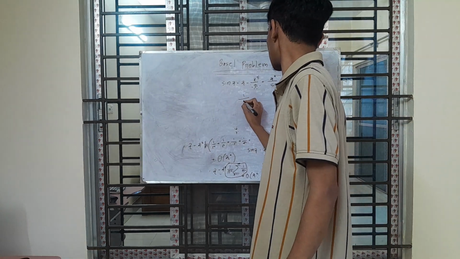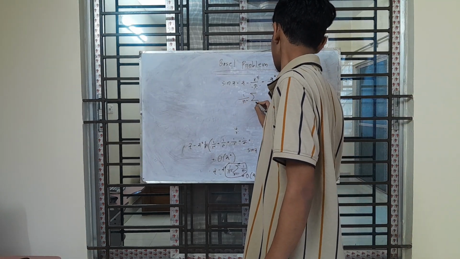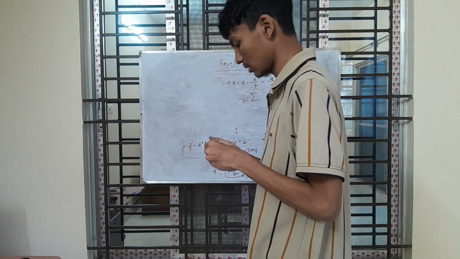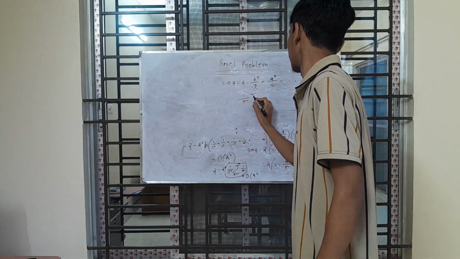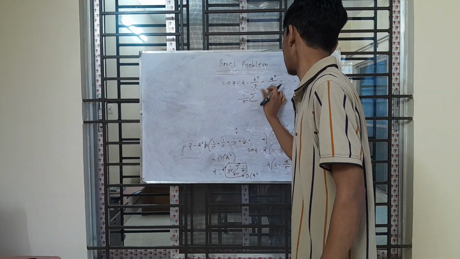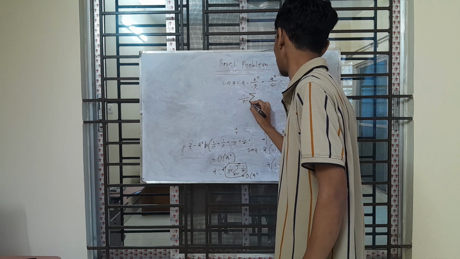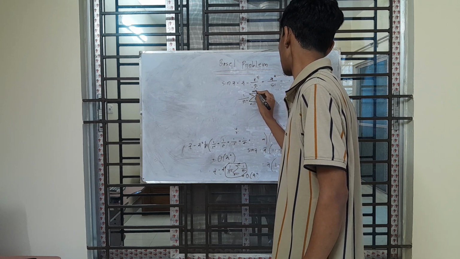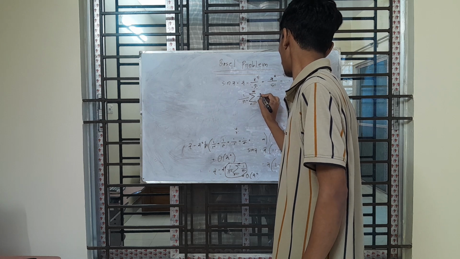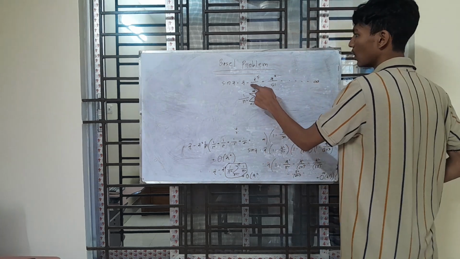So as this 1 by pi squared into the sum of, this is a very disastrous sign of the summation. So I'm writing n equals 1 to infinity, 1 by n squared equals.